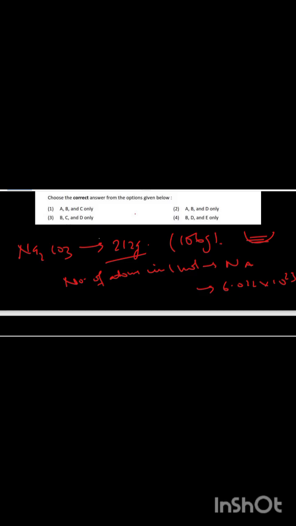Now in Na2CO3, one compound has how many atoms? There are 3 plus 1 is 4, plus 2 is 6. So one compound has 6 atoms. So 1 mole of compound will have 6 into Avogadro number atoms.